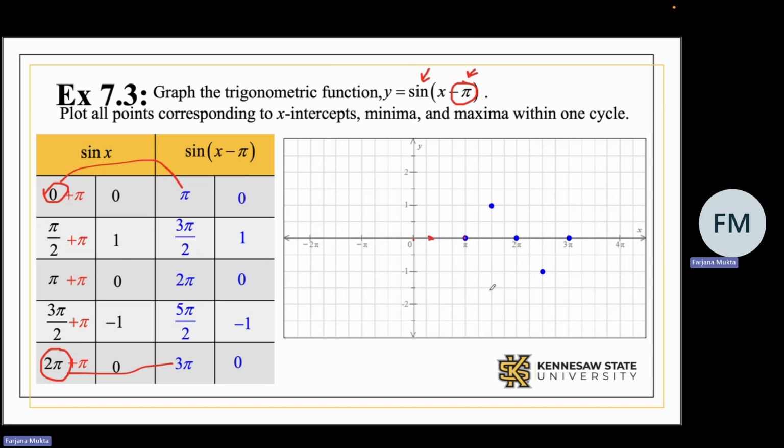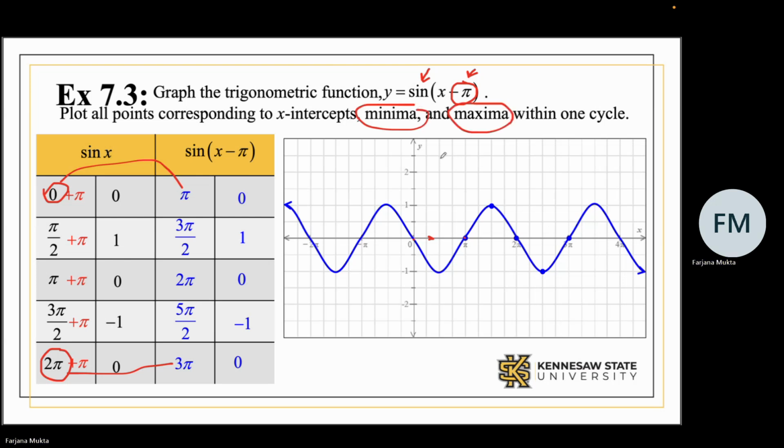But again, please remember that sine is continuous in both directions, right? Okay. Now it also says plot all the points corresponding to x-intercept, minimum, maximum within one cycle, right? Okay, so that's what we already have here.